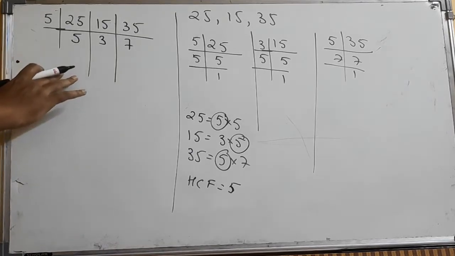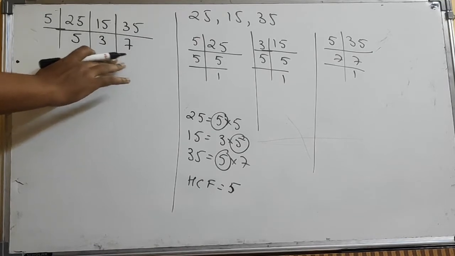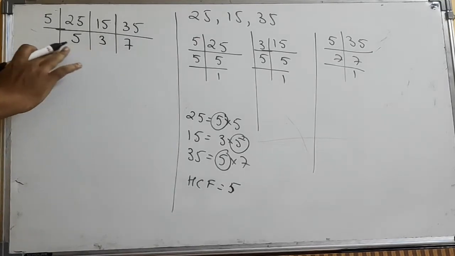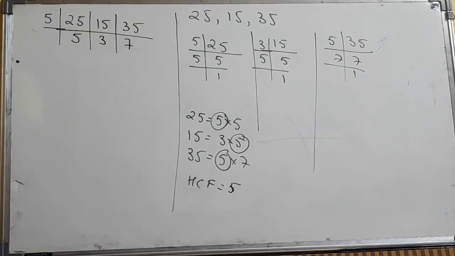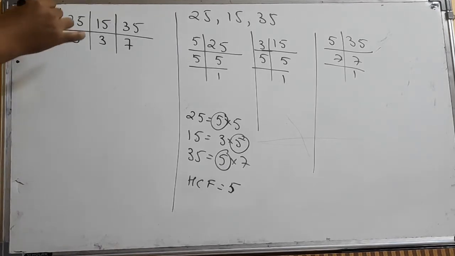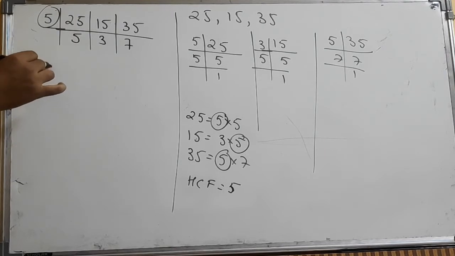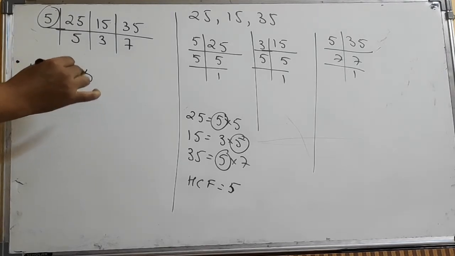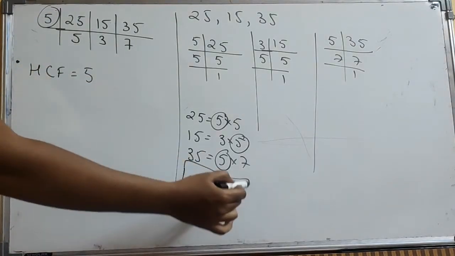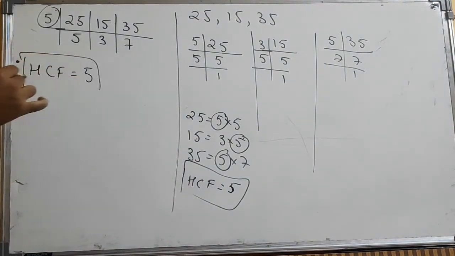So we stop our factorization at this point. Where have we stopped the factorization? Where we cannot find a common number which can divide all these three numbers. So whatever number you have over here is your HCF. HCF is 5.